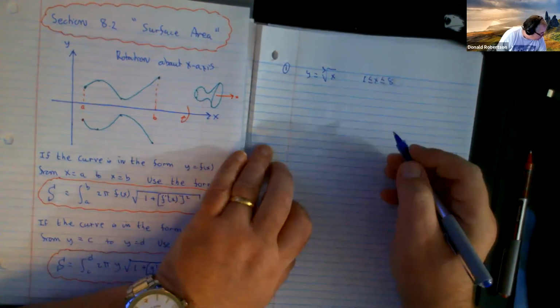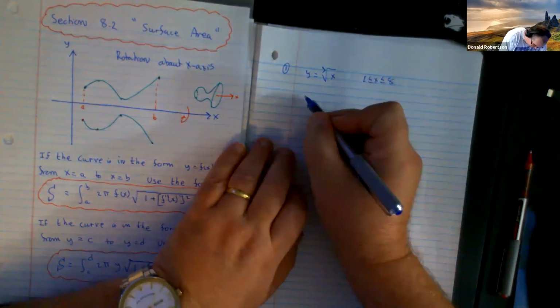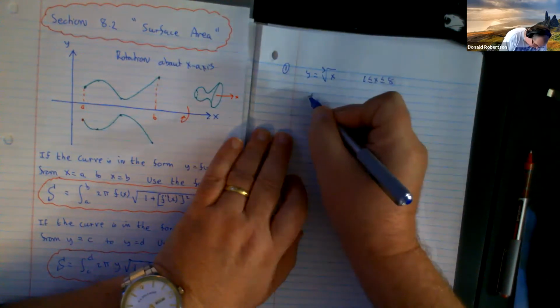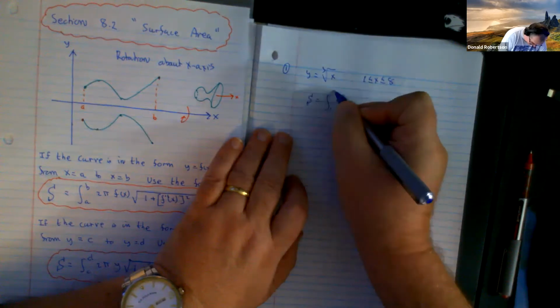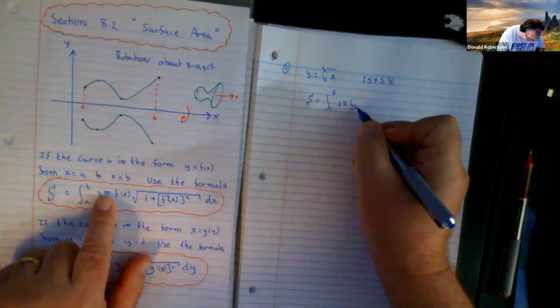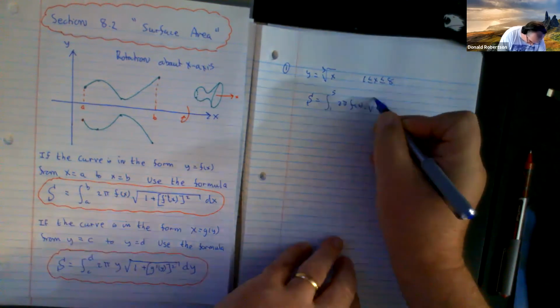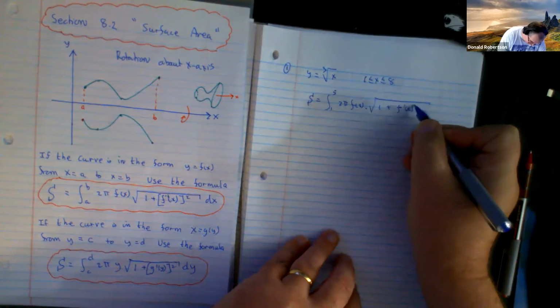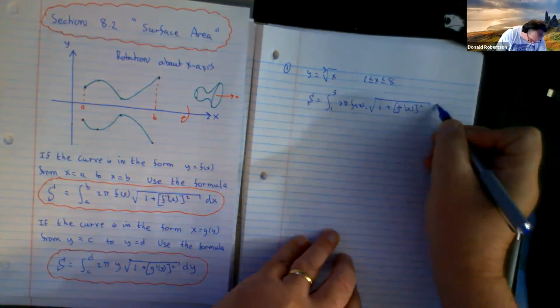Now, if you want to do the integral of this with respect to x, it's going to be the integral from 1 to 5, 2 pi f of x times the square root of 1 plus the derivative squared dx.